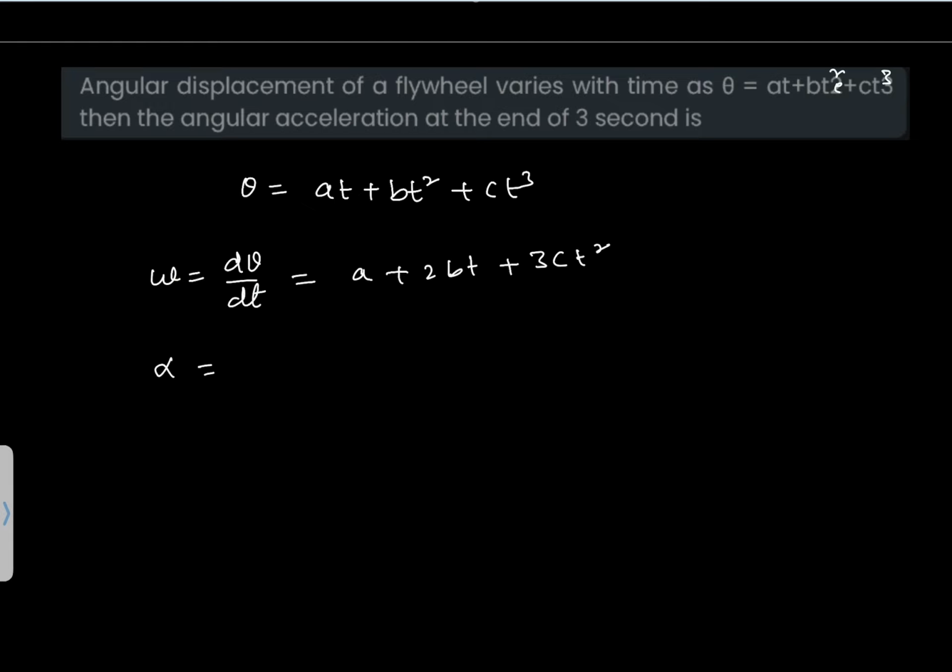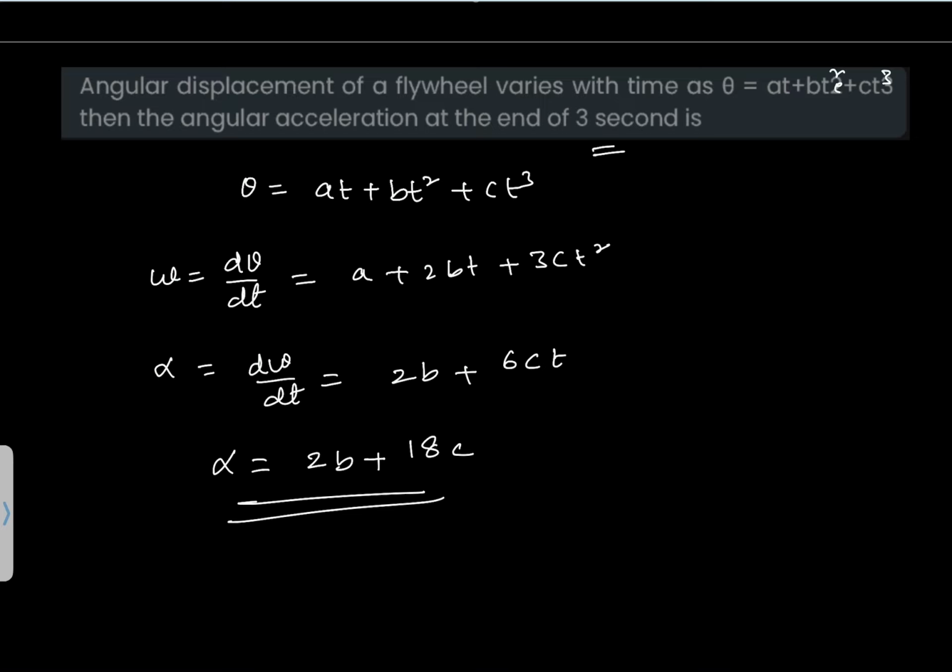Calculate alpha by differentiating omega one more time. So it will become 2b plus 6ct. He's asking at 3 seconds. Just replace t with this value 3. So finally alpha will be 2b plus 6 into 3, which is 18c. So this is the final answer. Units: radian per second square.